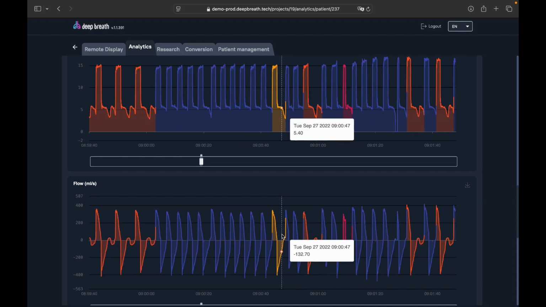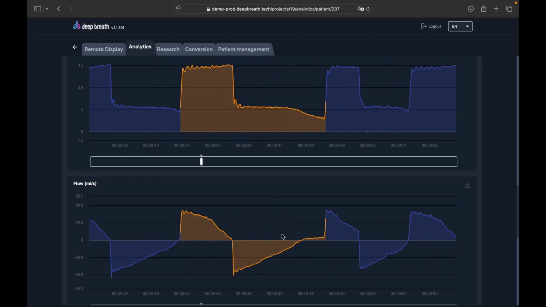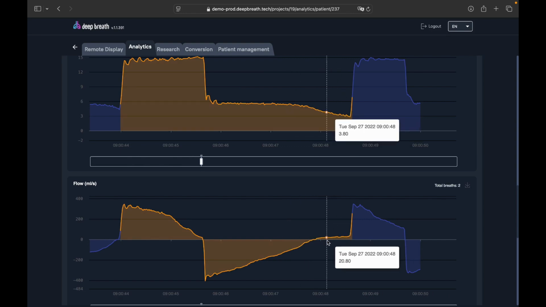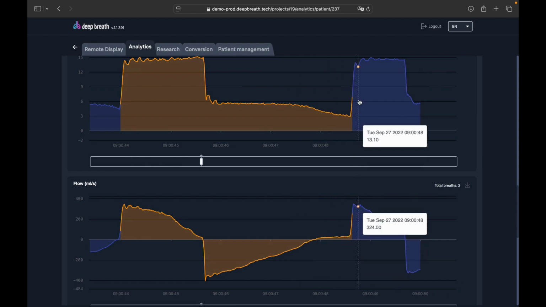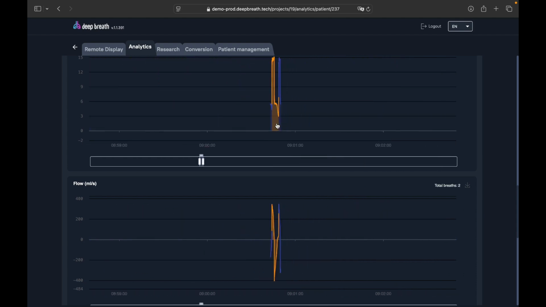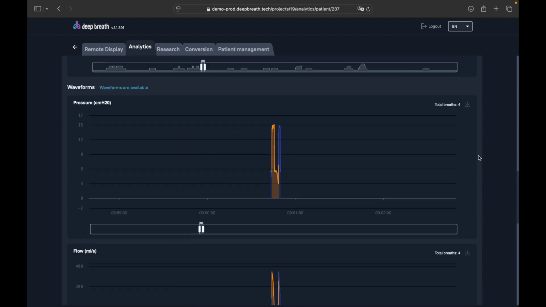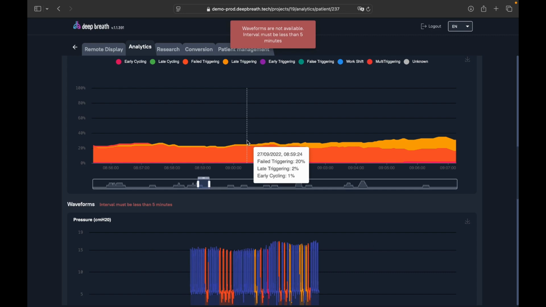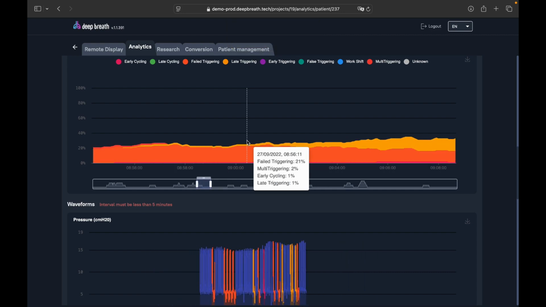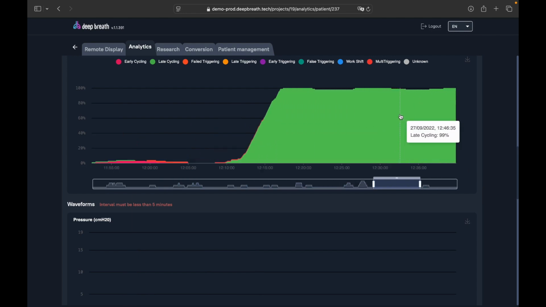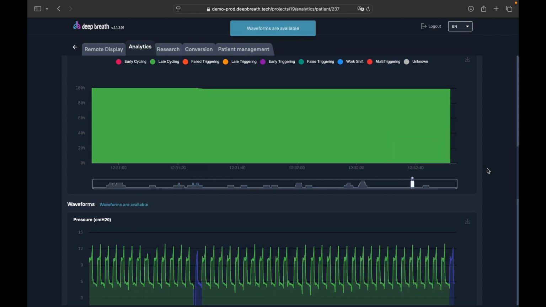So we see that the patient started inhaling, and only later the ventilator reacted and tried to help. And also what is interesting and important, let's check this moment of time, about late cycling.